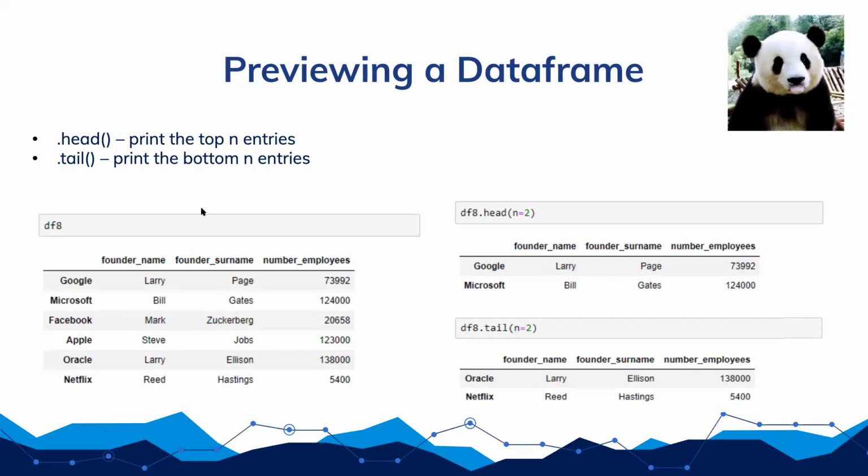If we have this DataFrame, df8, and you want to see the top 2 entries, you just use dataframe.head, and then you can specify how many lines you want to see. In the same way, you can use tail and specify how many lines you want to see from the bottom. It can be useful sometimes.